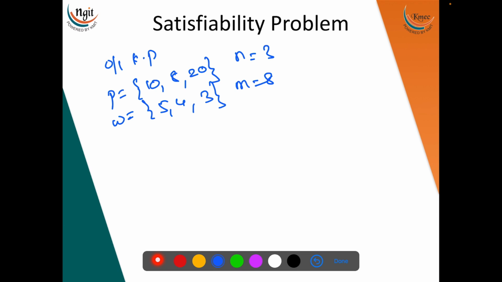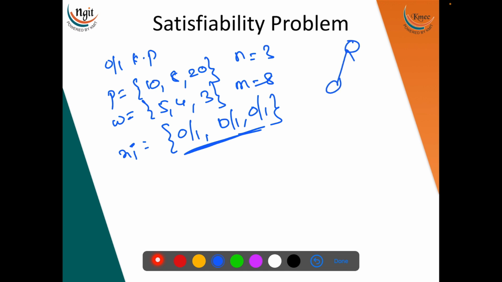The expected solution of this problem is: I can include the object in the knapsack or not include it. The solution is also expected in Boolean, true or false. Now, if I construct the state space tree, it is also the same as for your satisfiability problem, correct?